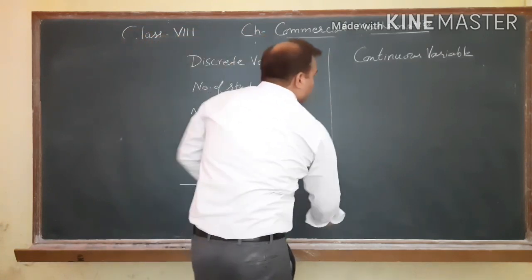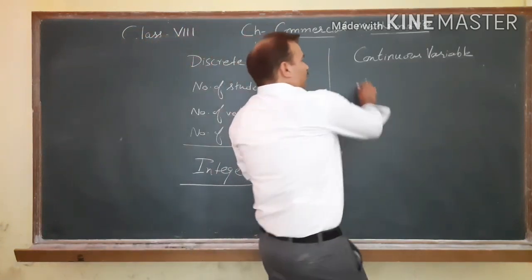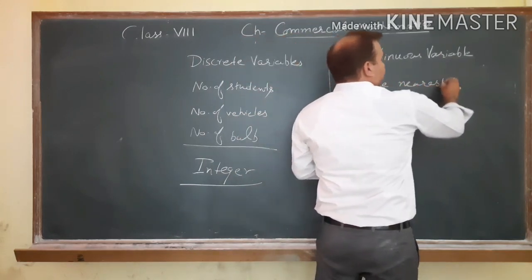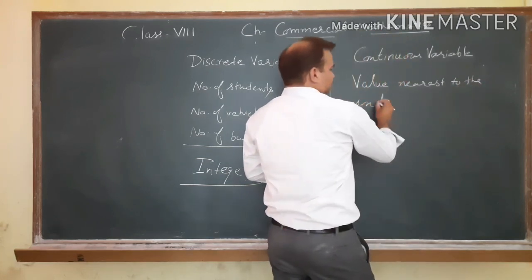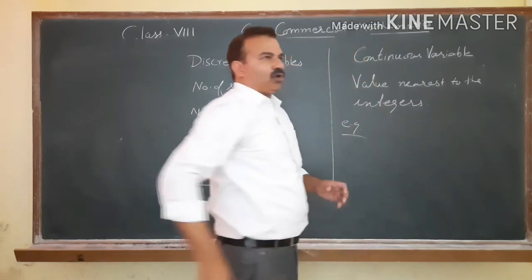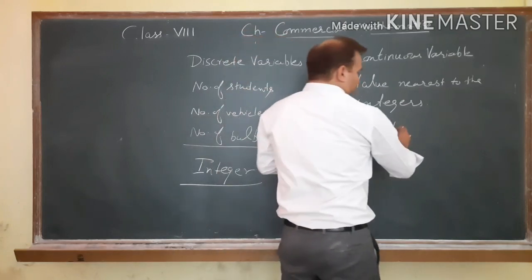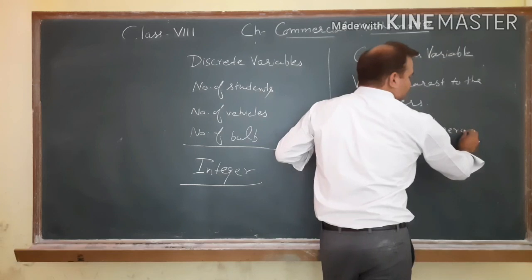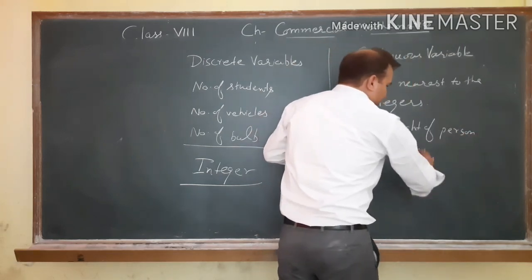Whereas continuous variables are those values which are nearest to the integer value. For example, the height of a person, which may be a decimal, or temperature.